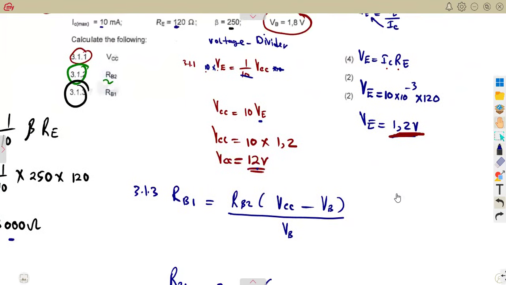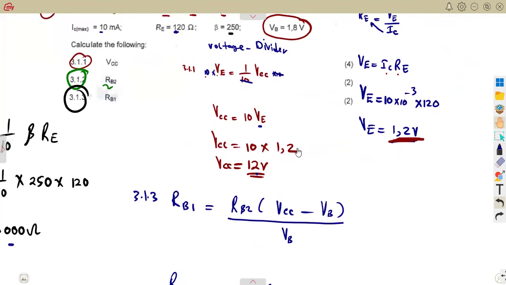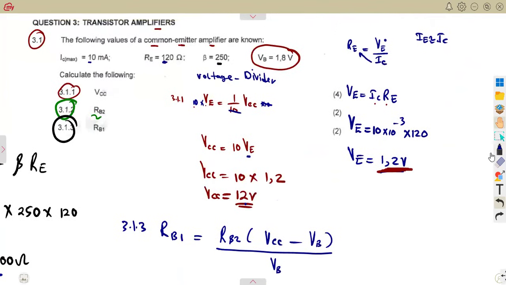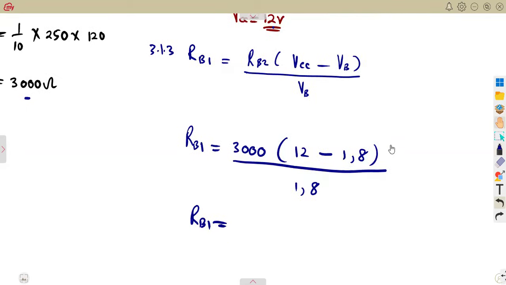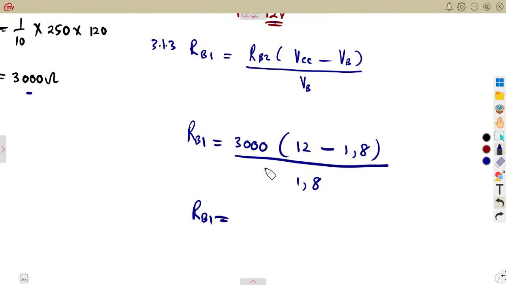You are given the value of VB, which is 1,8. Then you divide by that same value of 1,8. That gives us the value of RB1, which is part of the voltage division resistors. And this gives us 17,000 ohms.